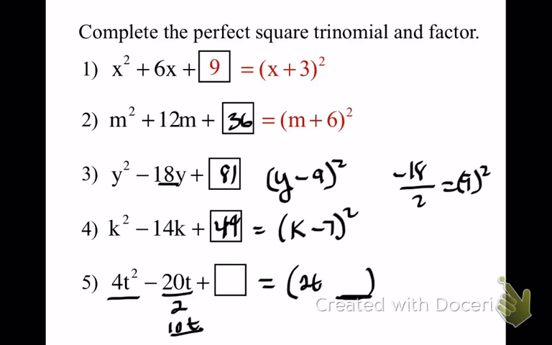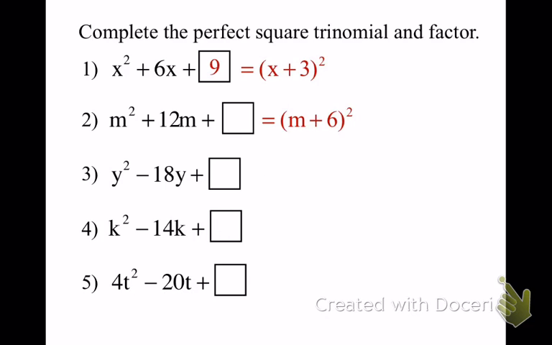It would have to be a 5, right? Because now it's going to have to be a negative. 2t times negative 5 is negative 10t. We're going to double that. We get negative 20. And so what's this last one going to be? It should be 25. Okay? Was a little bit tricky.